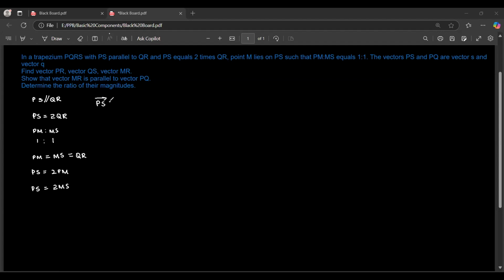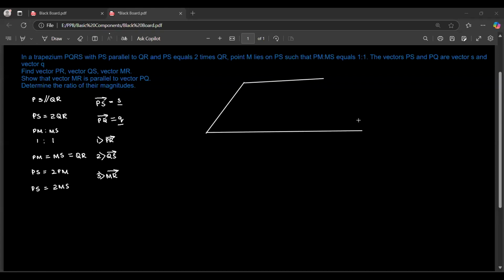PS is vector S and PQ is vector Q. So we have to find PR and then QS and then MR. That's the question. So let's draw the trapezium as we normally do. That's very important.